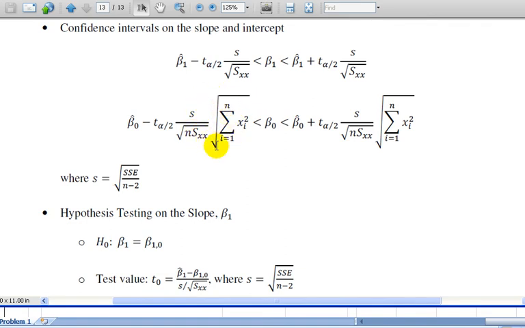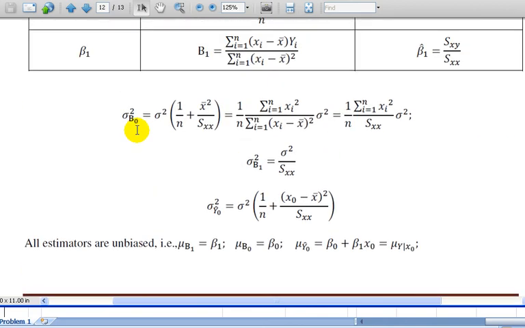Sometimes we call this term the standard error. This is basically the estimated variance for beta naught hat. You can see the variance of beta naught hat is this one here. You replace the sigma with s, and that'll be the estimated variance.